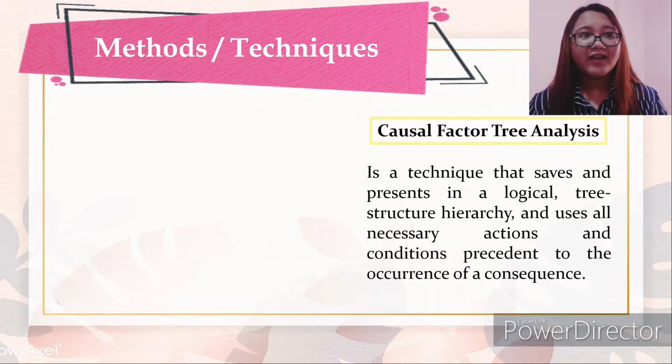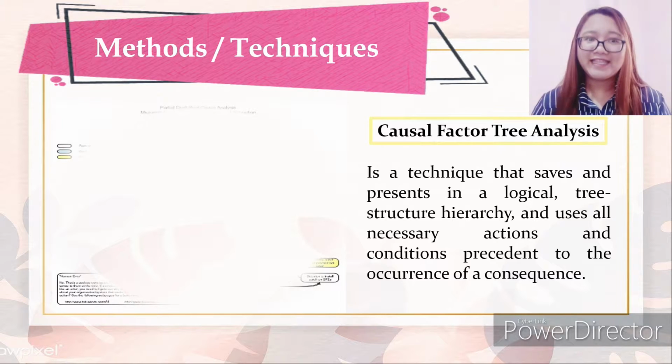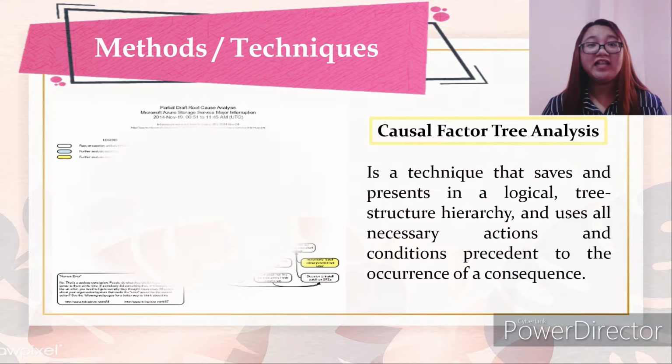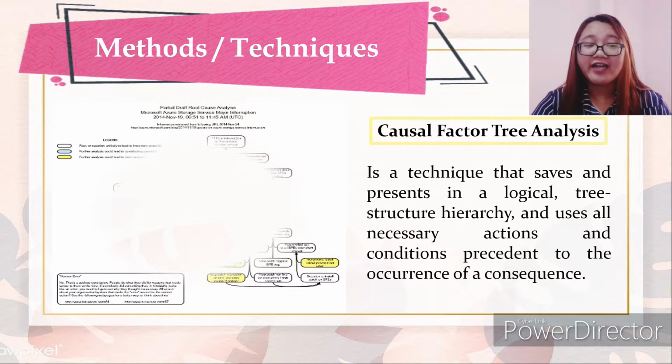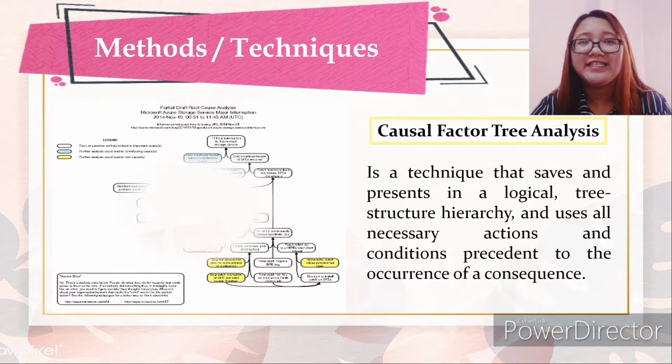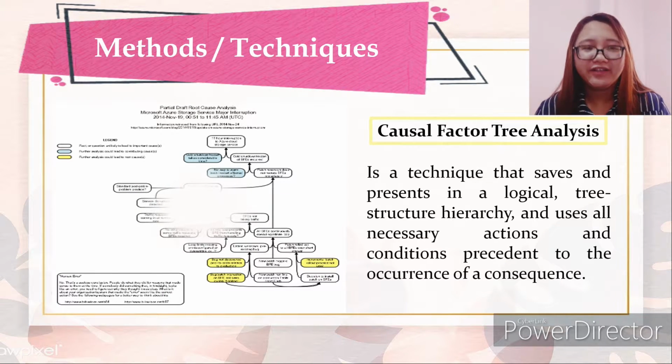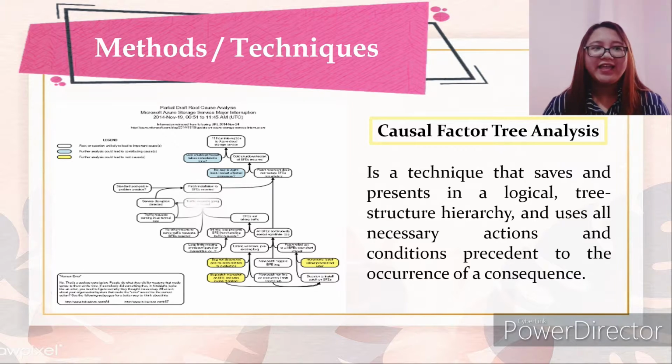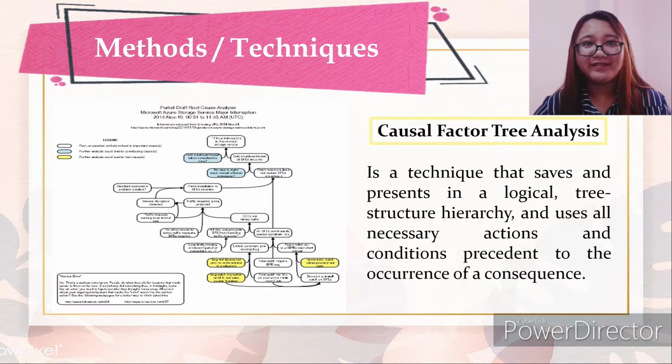Next is the causal factor tree analysis. It is a technique that presents in a logical tree structure hierarchy all necessary actions and conditions precedent to the occurrence of a consequence.